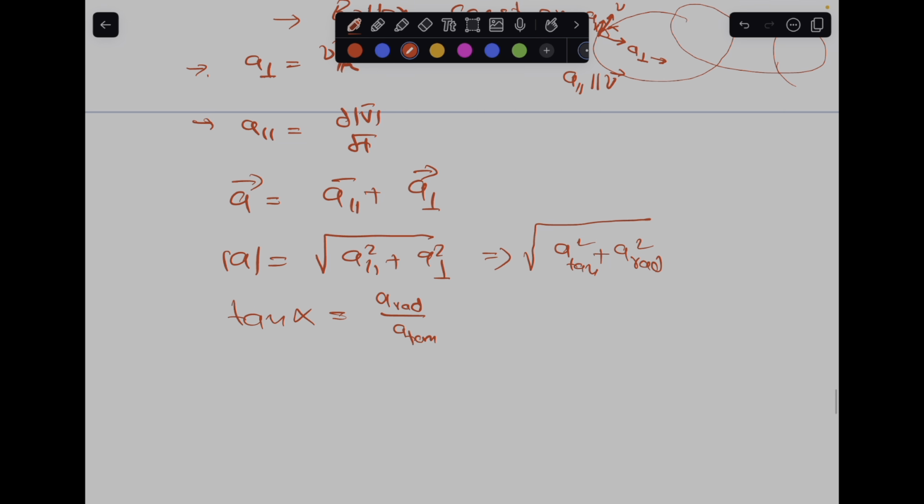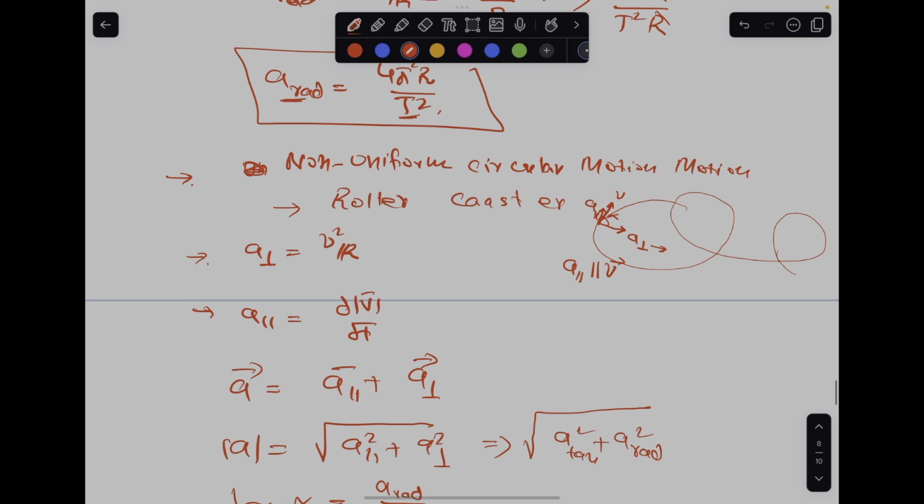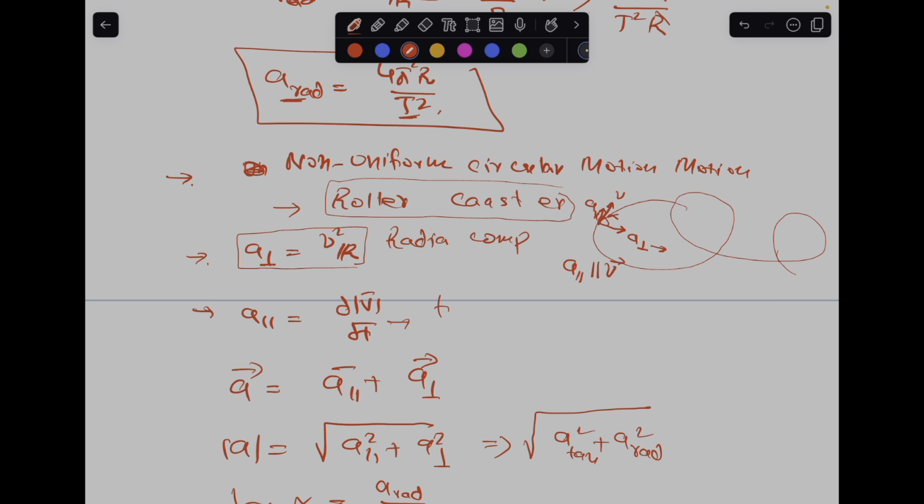So when the speed of the object is not uniform and it's moving along the circular path, this motion is non-uniform circular motion, an example being the roller coaster. Then this motion has two components. One is the normal component or the radial component, and one is the tangential component, which is parallel to the velocity vector.